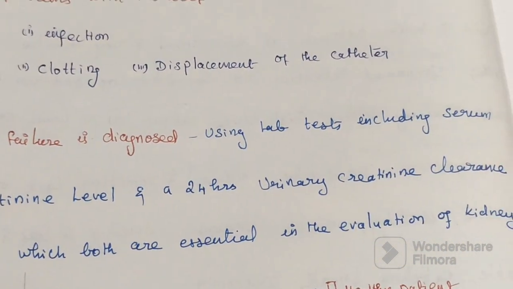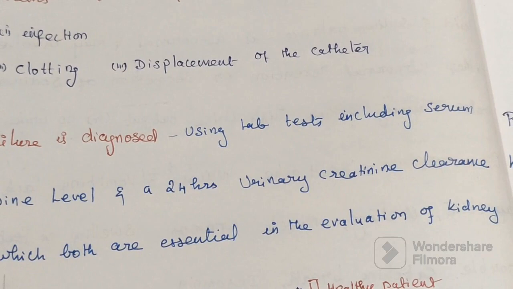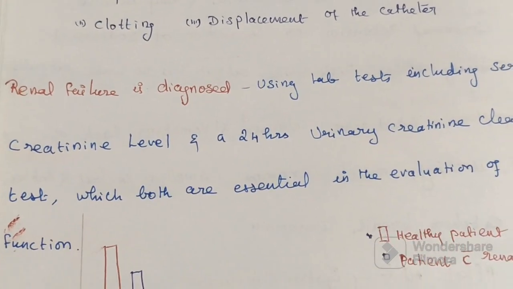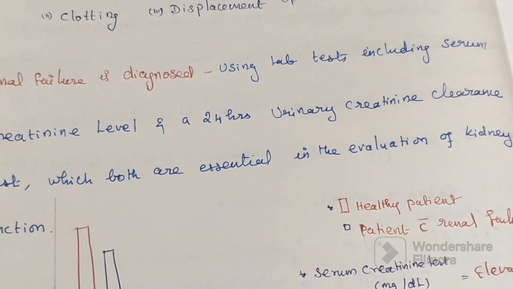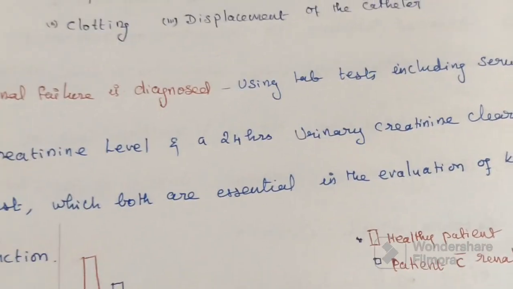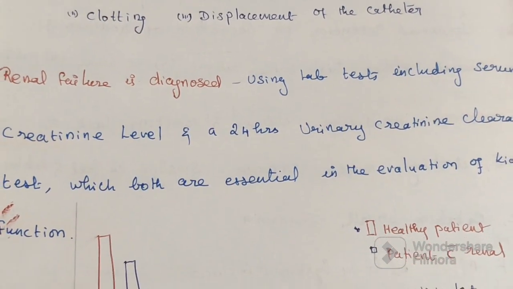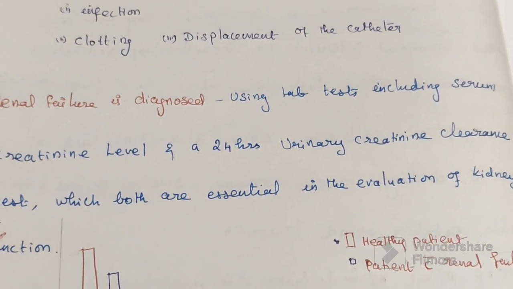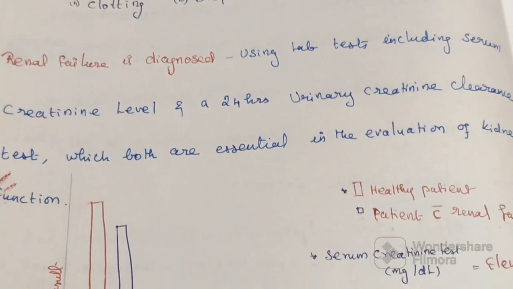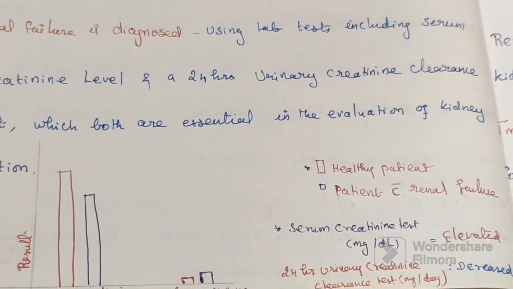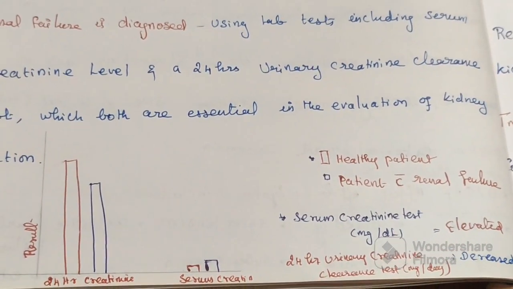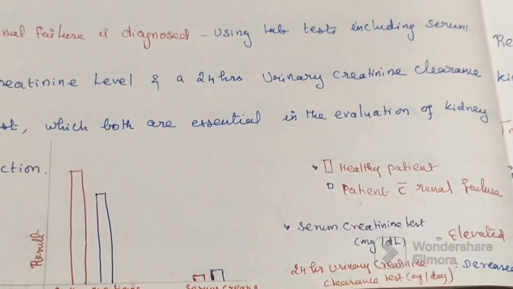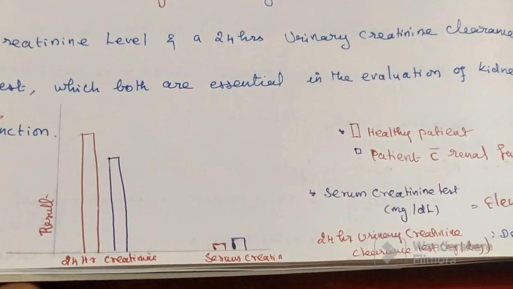Renal failure is diagnosed using lab tests including serum creatinine level and the 24-hour urinary creatinine clearance test, which are both essential in the evaluation of kidney function.